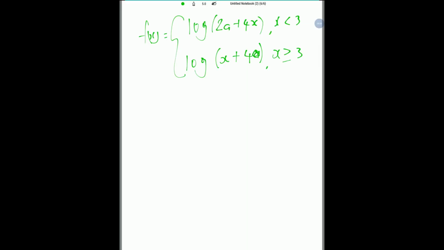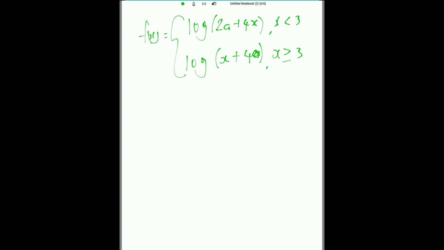So here we have this piecewise function defined for x less than 3 and x greater than or equal to 3. Now what we want to do is find the value of a that would make this function continuous everywhere. To do this we have to make the left-hand limit equal to the right-hand limit at x equals 3.